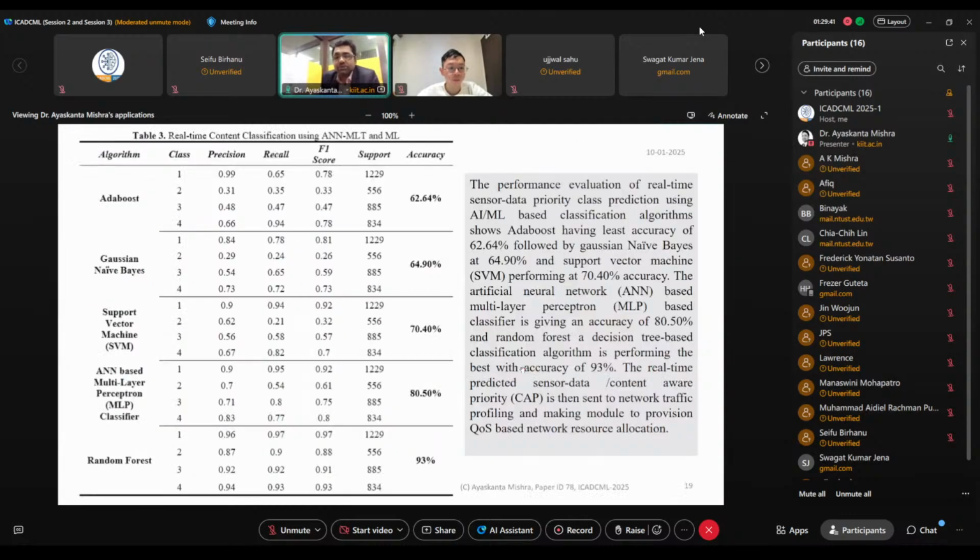The result shows that the decision tree based random forest is performing the best with 93% accuracy in prediction of the priority class of the sensor data. Then the next one is the ANN based multi-layer perceptron, followed by support vector machine, Gaussian naive Bayes, and then the last one is AdaBoost. So this shows the accuracy of the content classifier based on the real-time sensor data, based on the trained model.